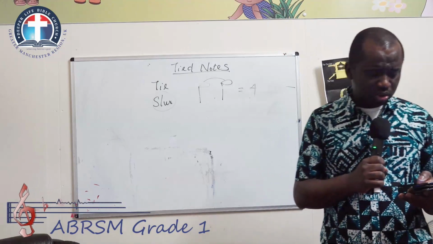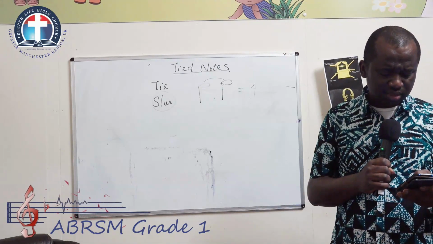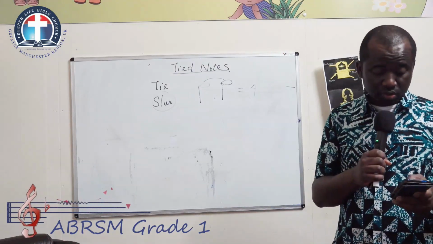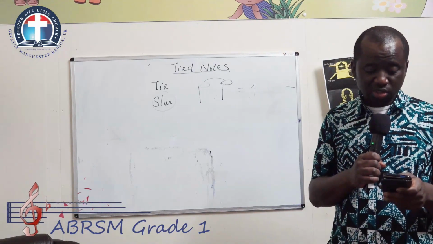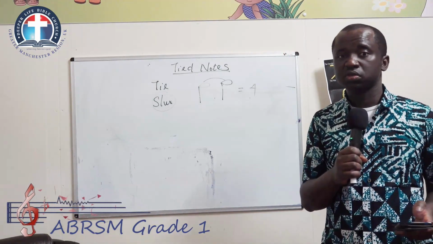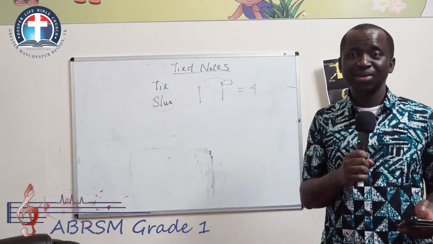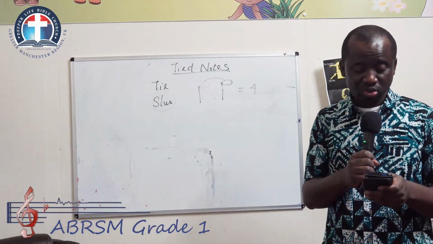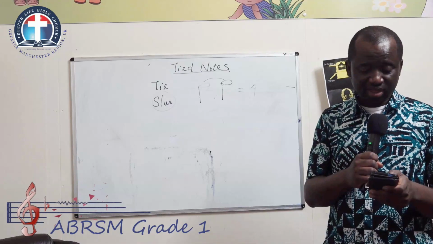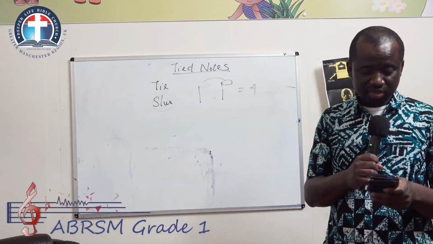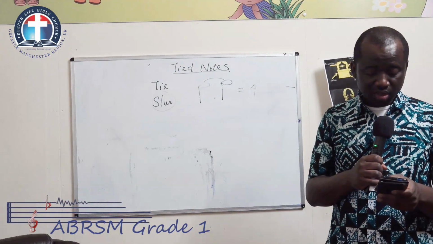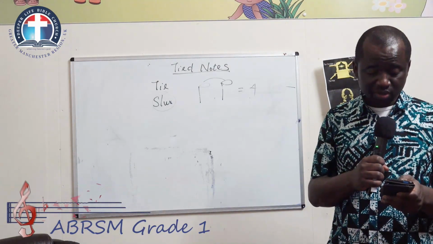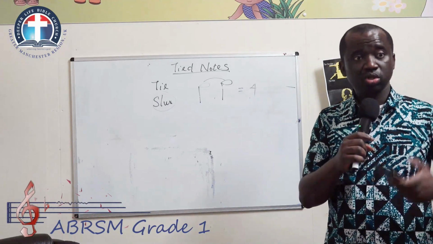Can you check if we have questions on that, please? Okay, no question. Mostly, sometimes they will just tie two notes and tell you the value of the notes, so you have to find out. You have to know that once a note is tied, they are marrying the two notes together, so the value has been extended beyond the original note to include the other notes.